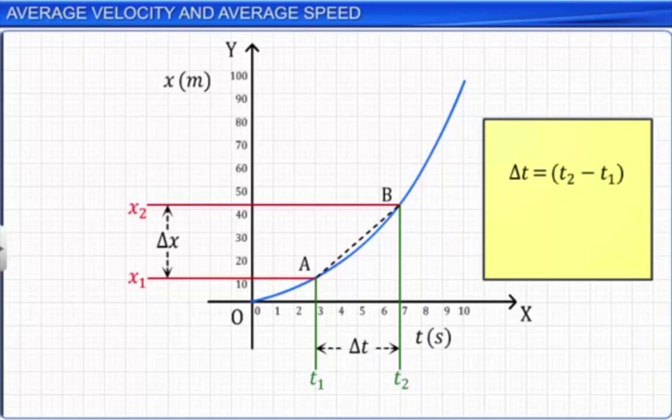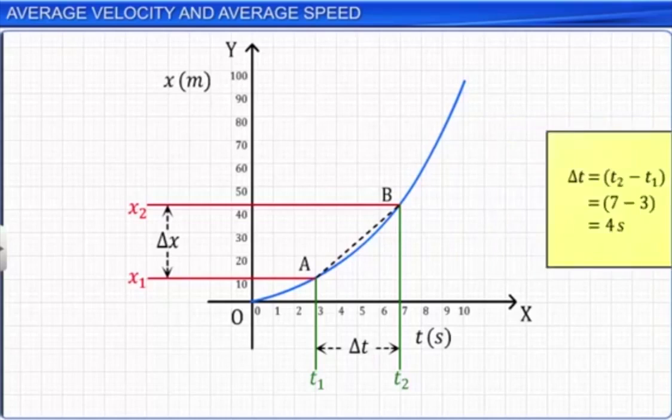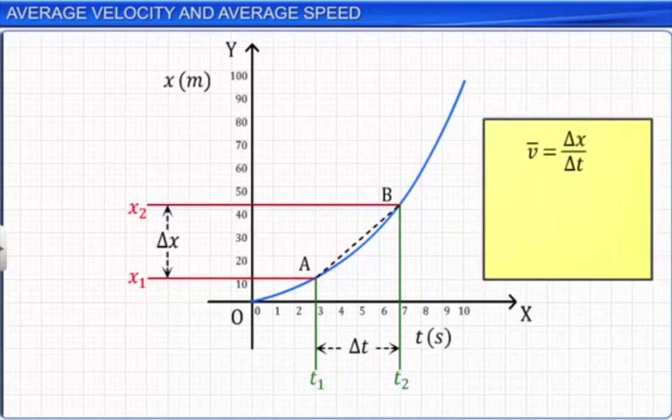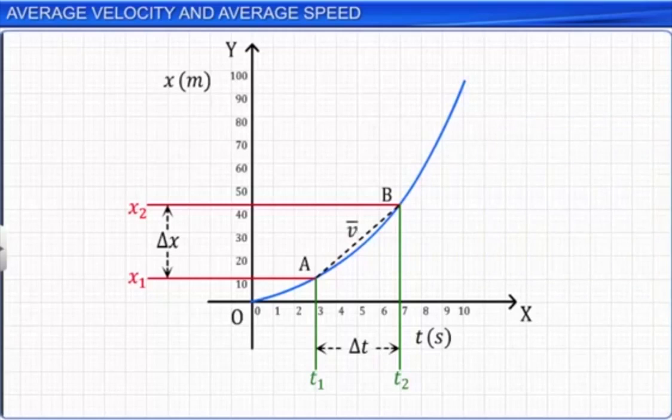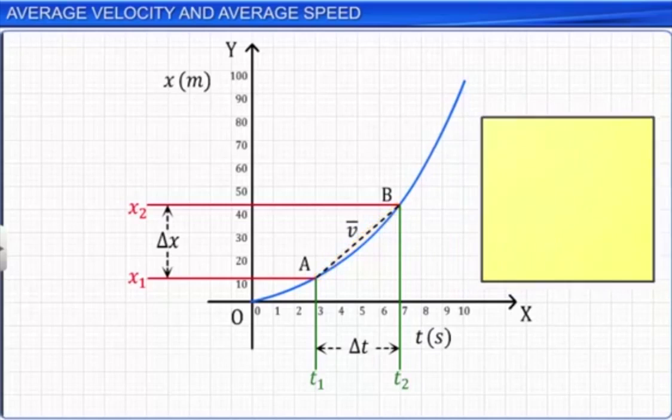V bar is equal to 32 by 4, which is equal to 8 meters per second. V bar represents the slope of the line joining points A and B. Slope is equal to tan theta is equal to x2 minus x1 by t2 minus t1.